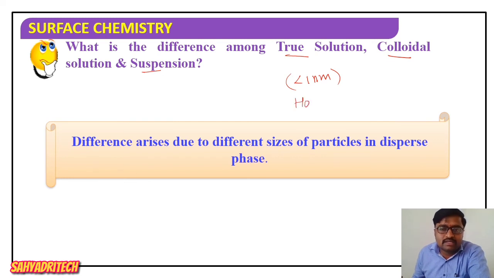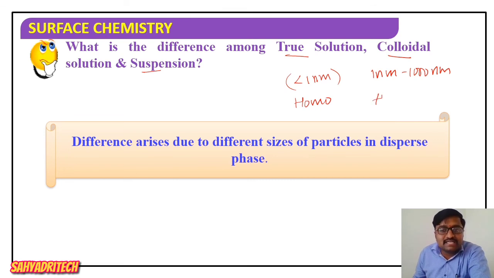And what about nature? It is homogeneous. I will just consider two criteria. Second, if I consider colloids, what is the size of the colloidal particle? 1 nanometer to 1000 nanometer. And what type of solution is it?